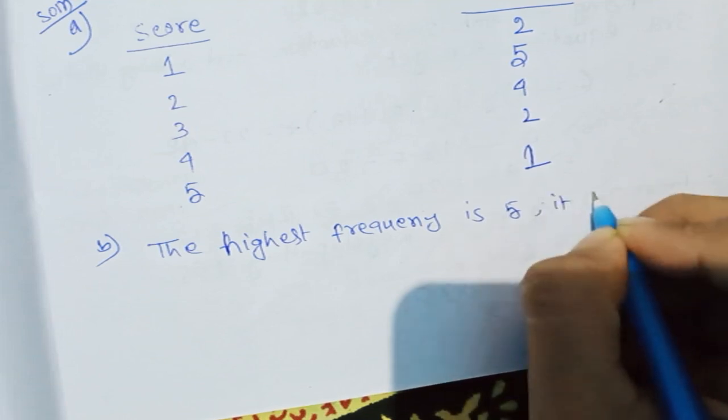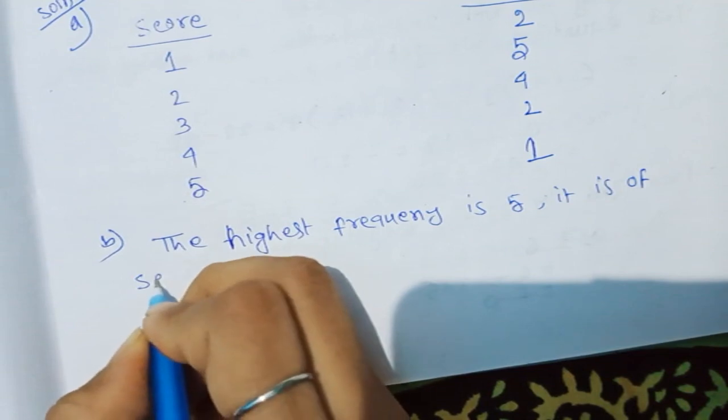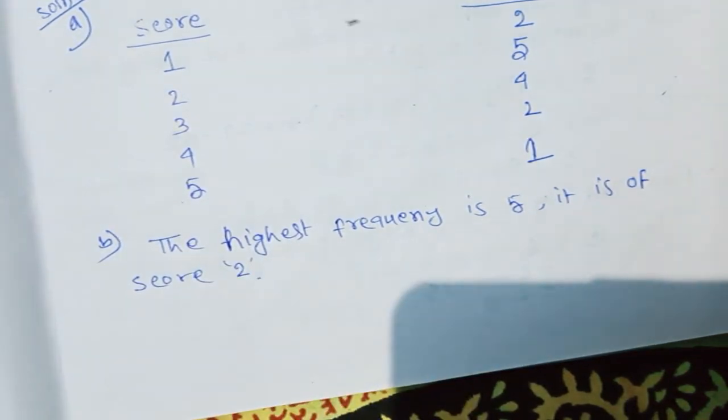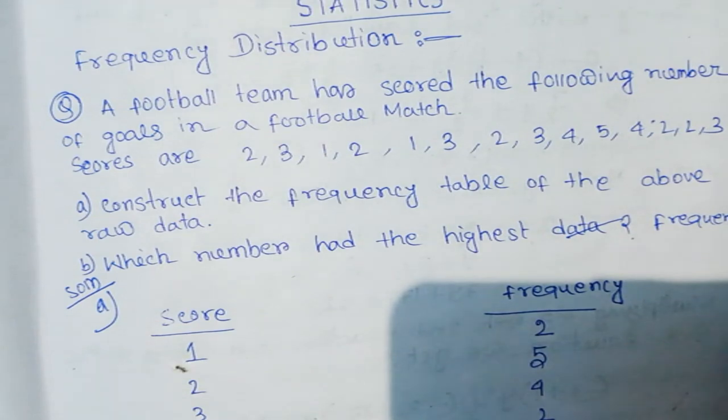It is of score 2. Okay, so this is the answer, and this kind of question may arise from frequency distribution. There are many other examples given. You can have this as homework.